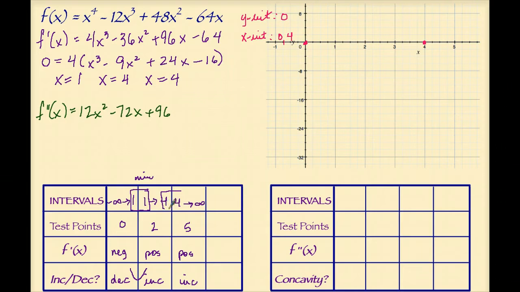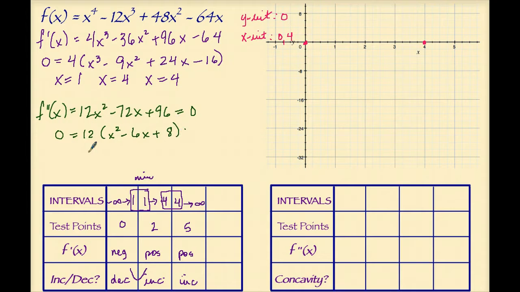But notice at 4 that it went from increasing to increasing, no change in the sign of the derivative on either side. Therefore, 4 is not an extrema. It is an interesting point to consider, but it's not a max or min. Now let's look at the second derivative and set that equal to 0. We can factor out a 12, and we're going to end up with x squared minus 6x plus 8.